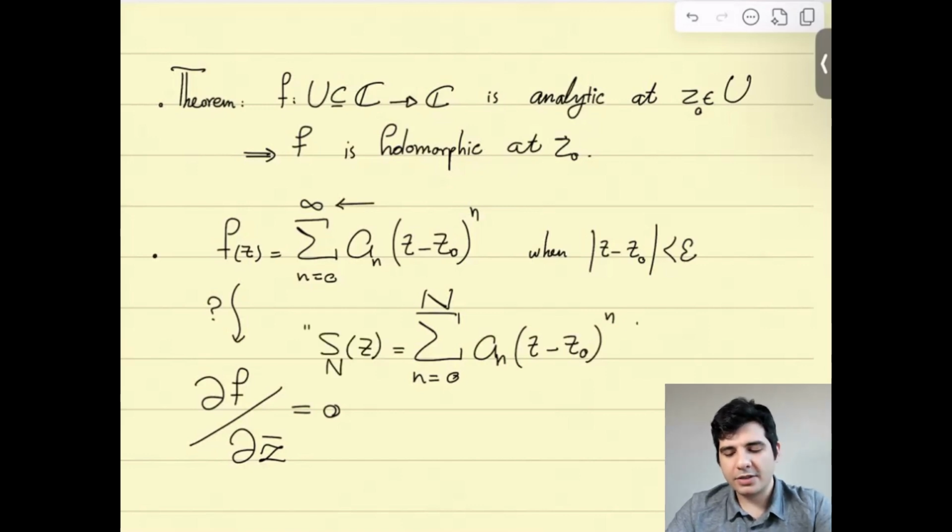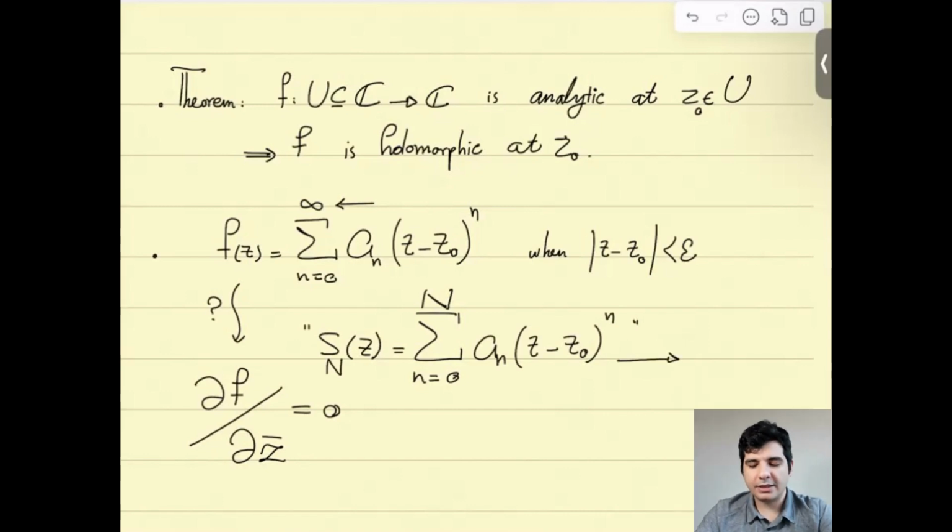When n goes to infinity, these functions converge uniformly to f, right? So these partial sums approximate f, and when n goes to infinity, they converge uniformly to f of z on a neighborhood. So S n of z would converge to f of z.